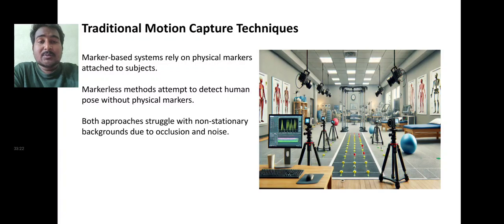The next one is markerless methods, which attempt to detect human pose without physical markers. Both approaches struggle with non-stationary backgrounds due to occlusion and noise.